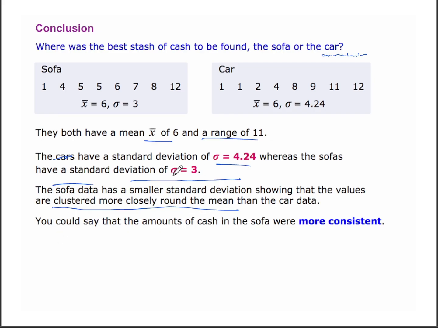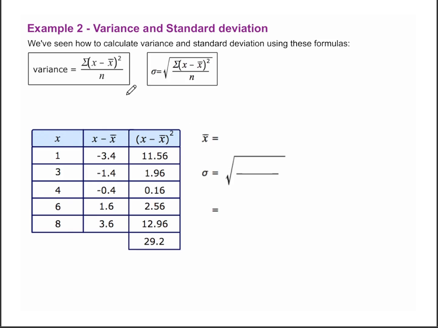So having a lower standard deviation, as we can see with the sofa data, tells us that the data is very close to the mean compared to the armchair, where if the standard deviation is higher, the data will be far away from the mean, where they will average out to the mean, while here it's more of consistently being around the mean. Next, let us look at an example where we have to calculate the standard deviation and variance.